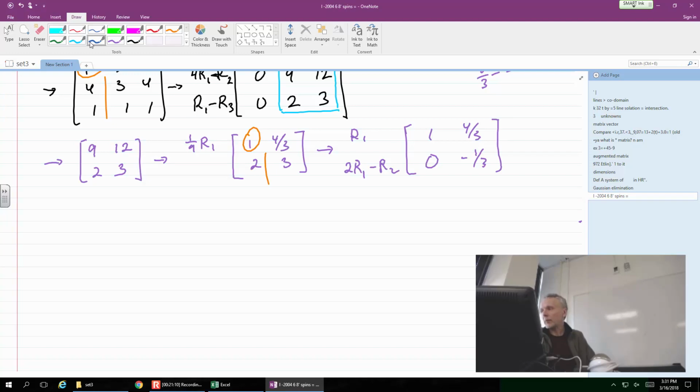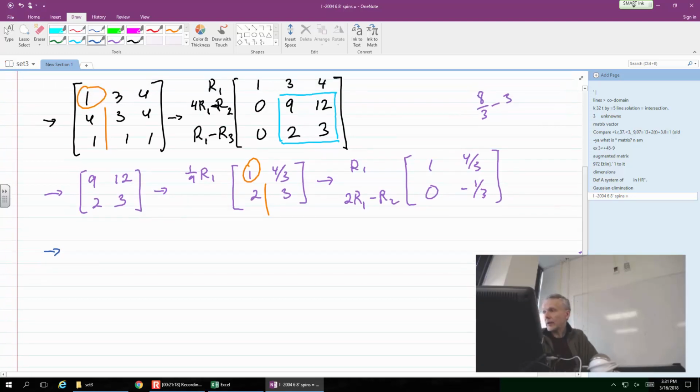So I'm reassembling my bigger matrix from these. I could start from the bottom right: 1/4, 0, negative 1/3. There are 4 rows and 4 columns of zeros by design.